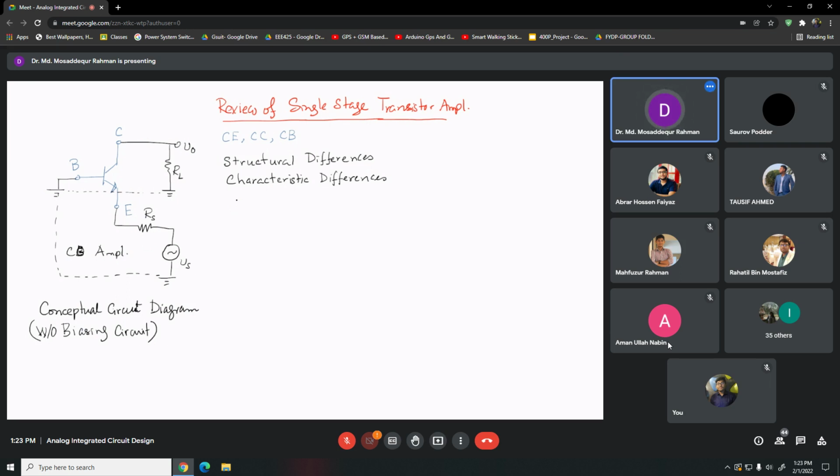Otherwise, transistor as it is will not work, right? Why will it not work? Because the base-emitter will be reverse biased without biasing. Because transistor is a combination of two PN junctions, right?